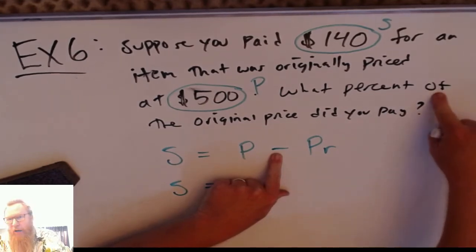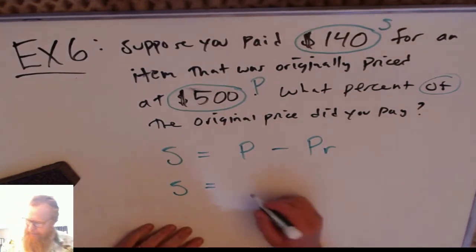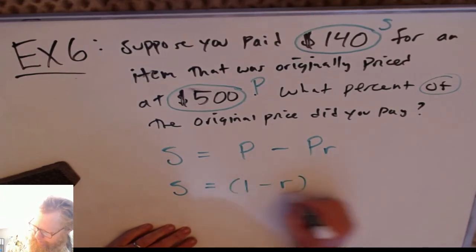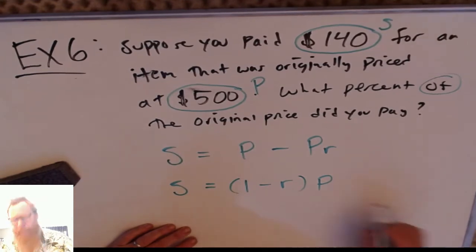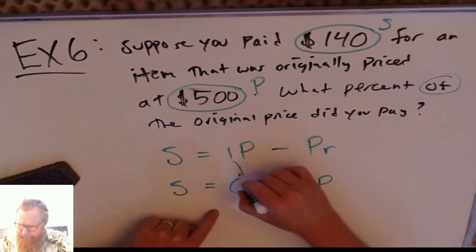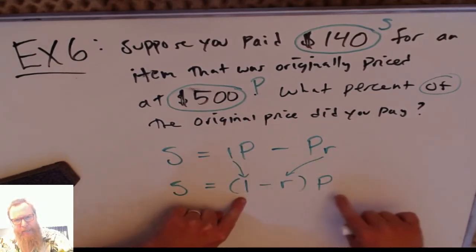We want of, what percent of? So that's going to be 1 minus R times P. Remember, there's the invisible 1 here. 1 minus R times P.